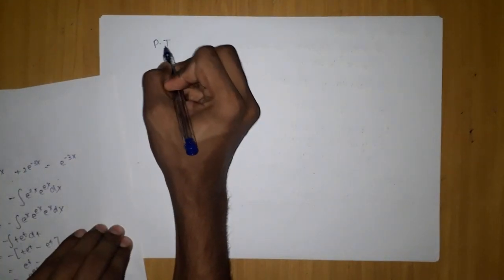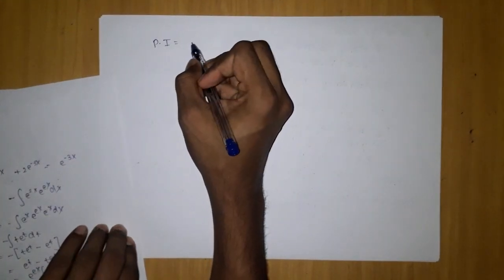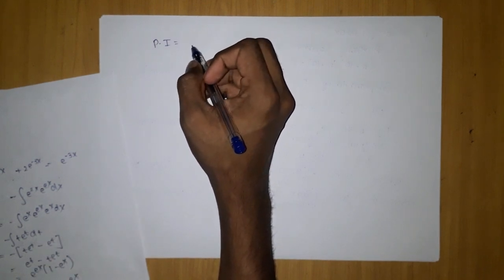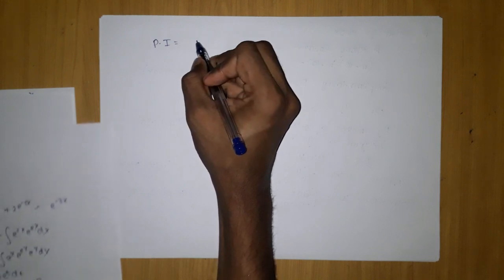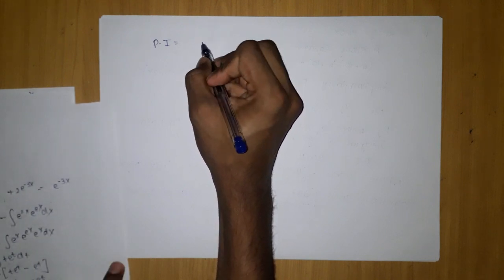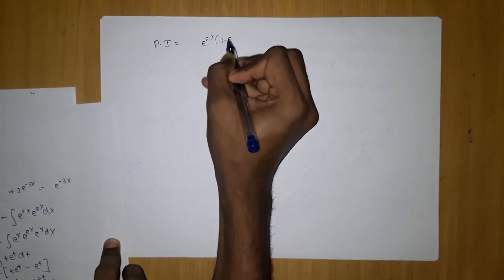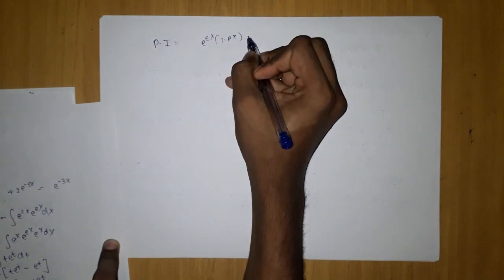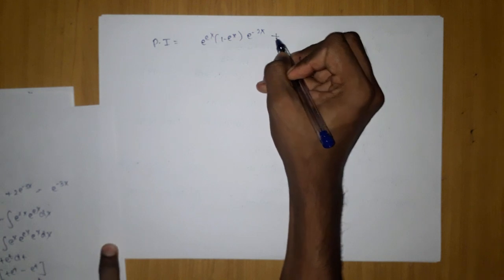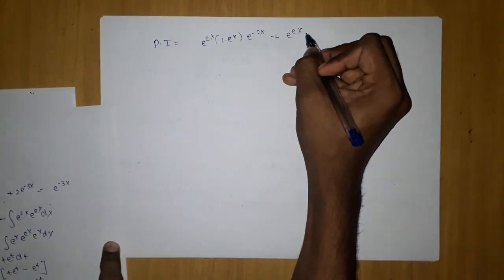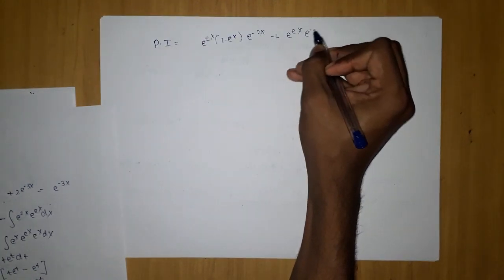Now if we try to get the particular integral, which is given by u of x into y1 and v of x into y2. So u of x is e to the power x into 1 minus e to the power x, and our y1 is e to the power minus 2x. While in case of this, v of x is e to the power x, and y2 is e to the power minus x.